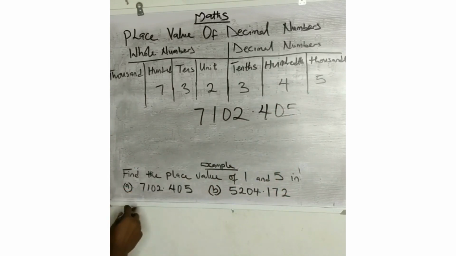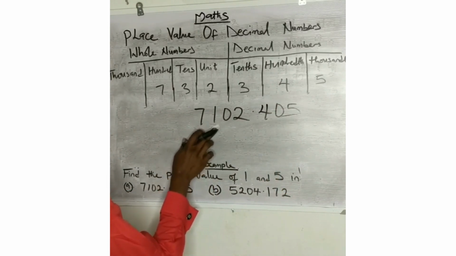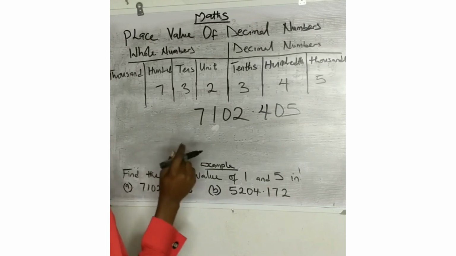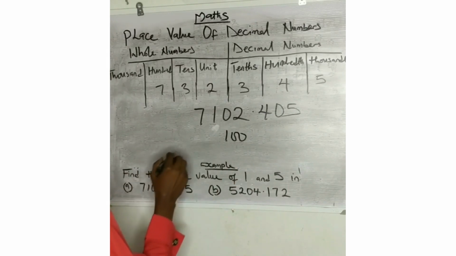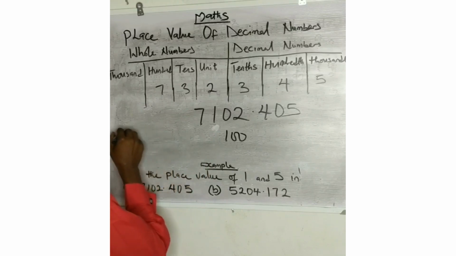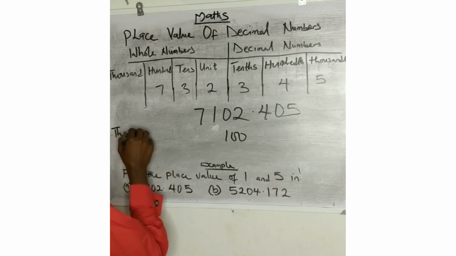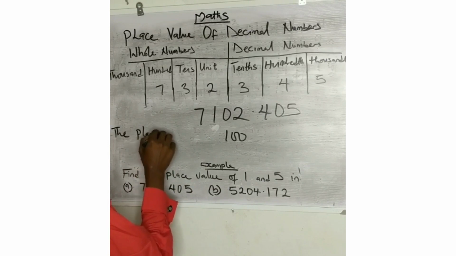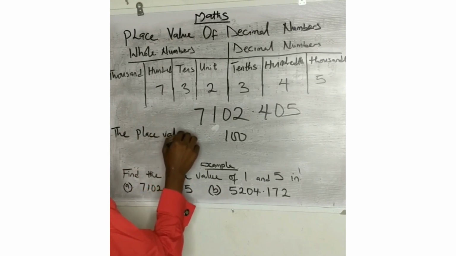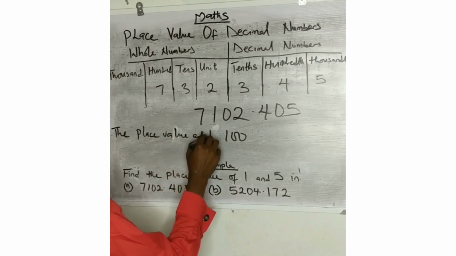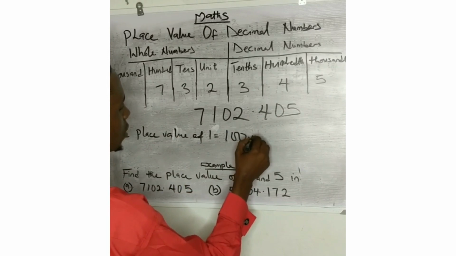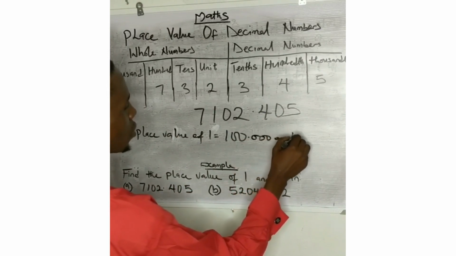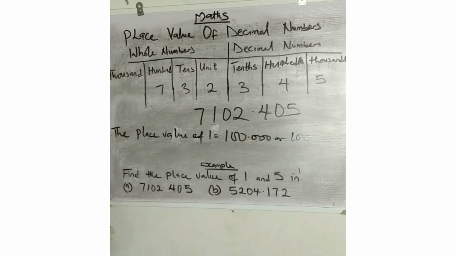The place value of 1 here is in what? Hundred. So the place value of 1 is equal to 100. Sometimes you might write 100.000 or you write 100. Either of them is correct.